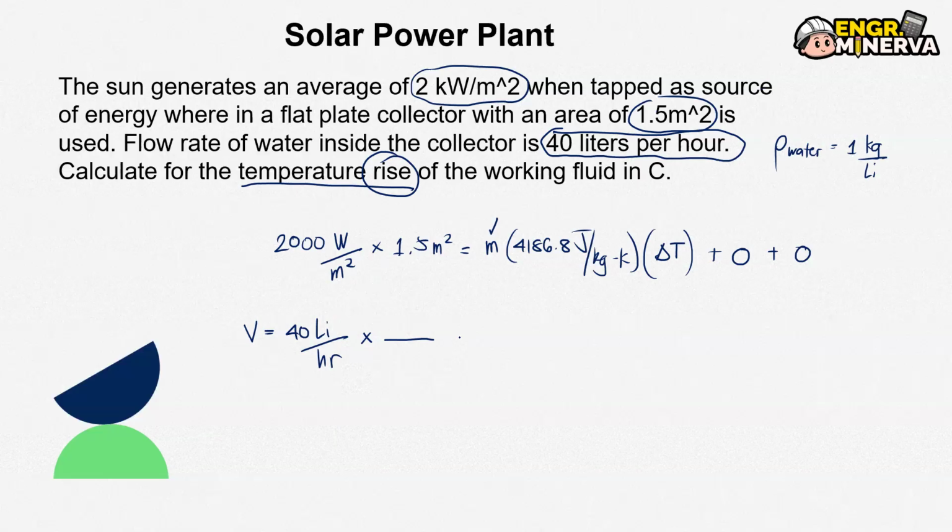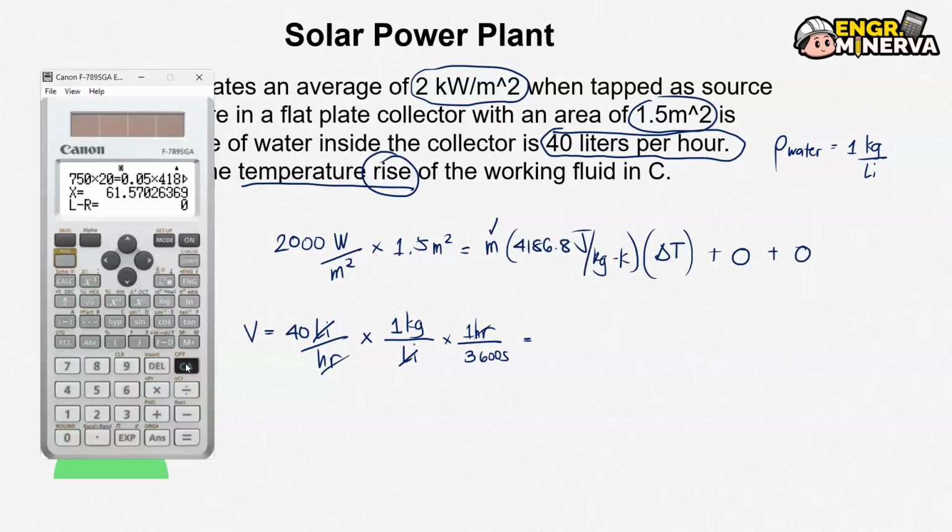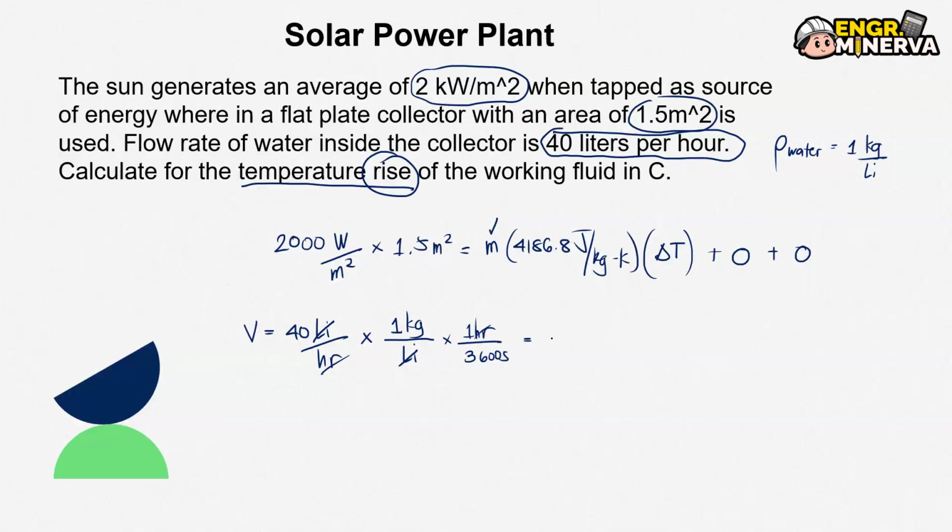We need to convert the hour into seconds. So 1 hour is 3,600 seconds. So the final answer would be 40 multiplied to 1 over 3,600. So we have 0.0111 kilograms per second. We will input it here in our mass.